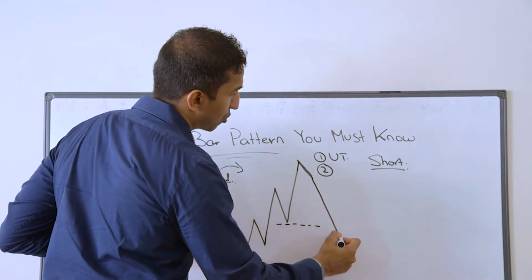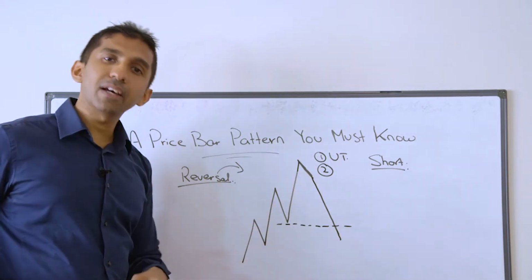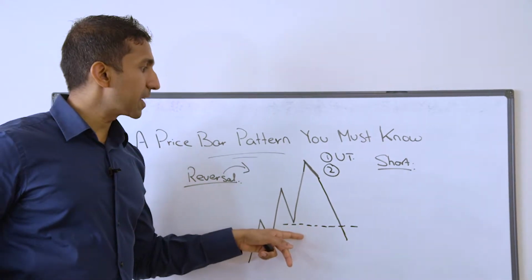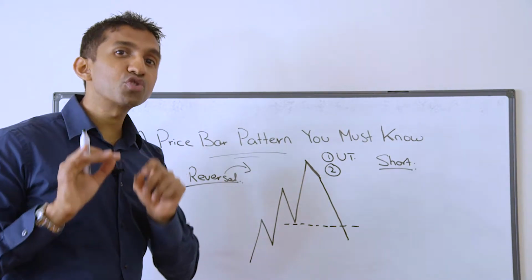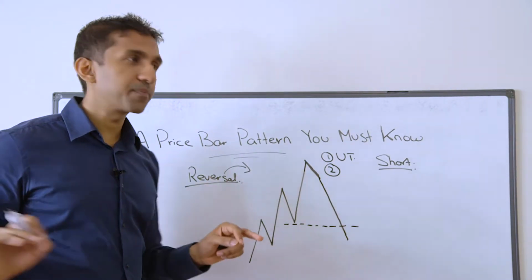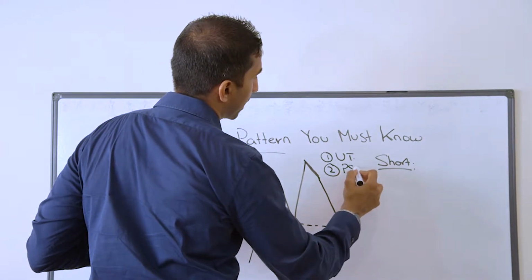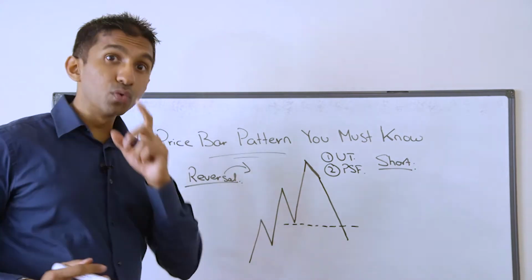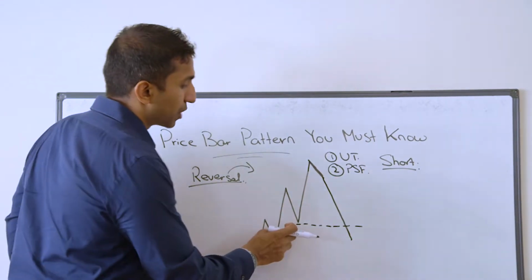So like this, it has broken that particular level. When it's broken that level, that is what we call a price structural failure, the PSF. The price structural failure is the second one you are looking at. It needs to break the last swing low.